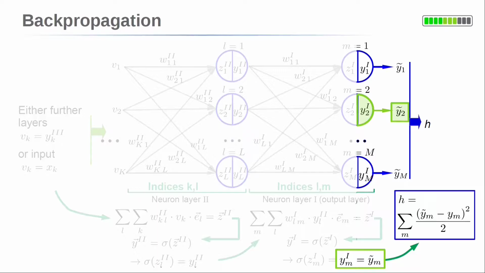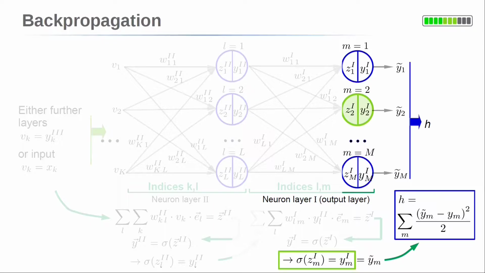The network's output is identical to the output of the last neuron, y_m of layer 1. The network's outputs are the activation functions of the output layer. The activation function of the mth neuron takes the summation z_m of the linear combinations of weights and inputs.